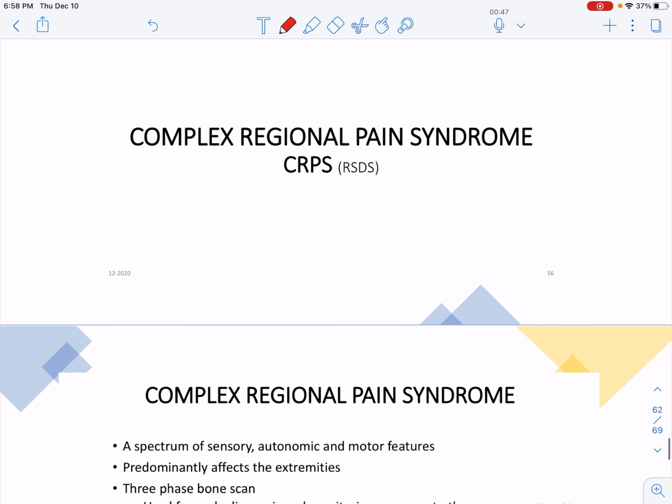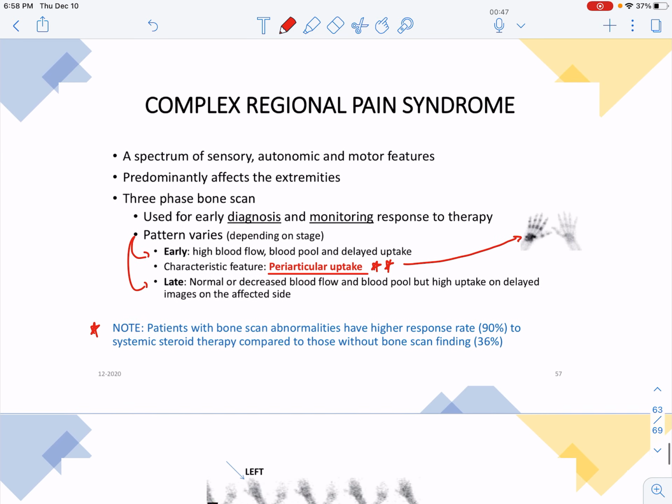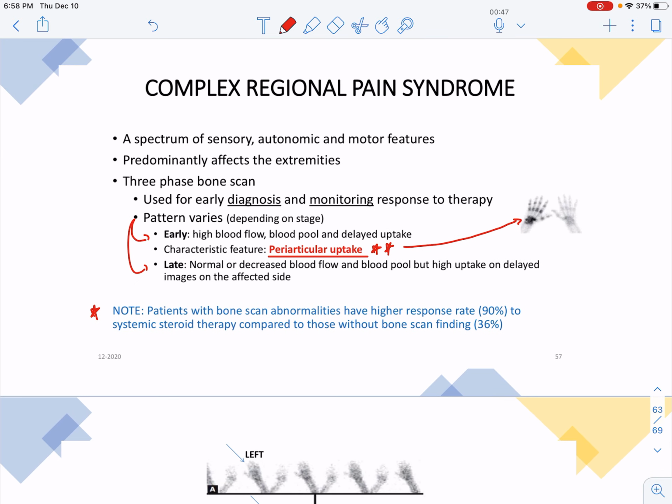Okay, complex regional pain syndrome. So yeah, we need to know that the pattern is different.